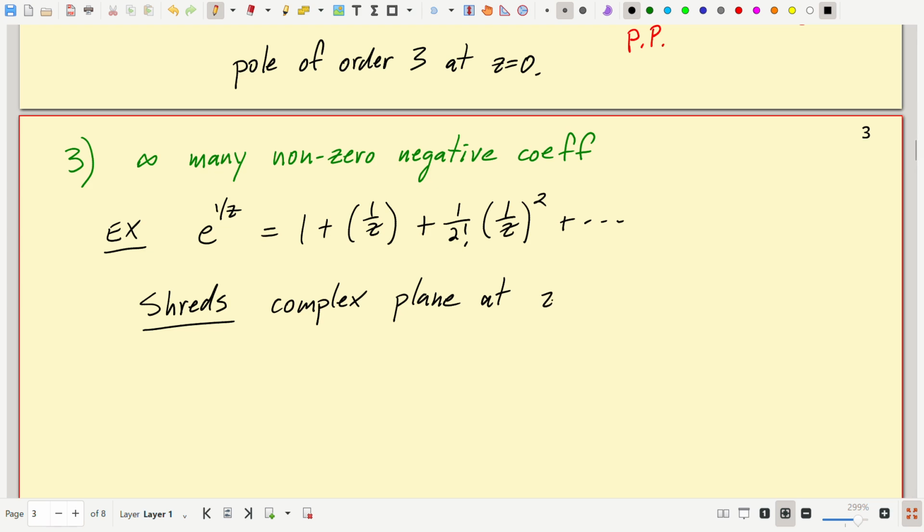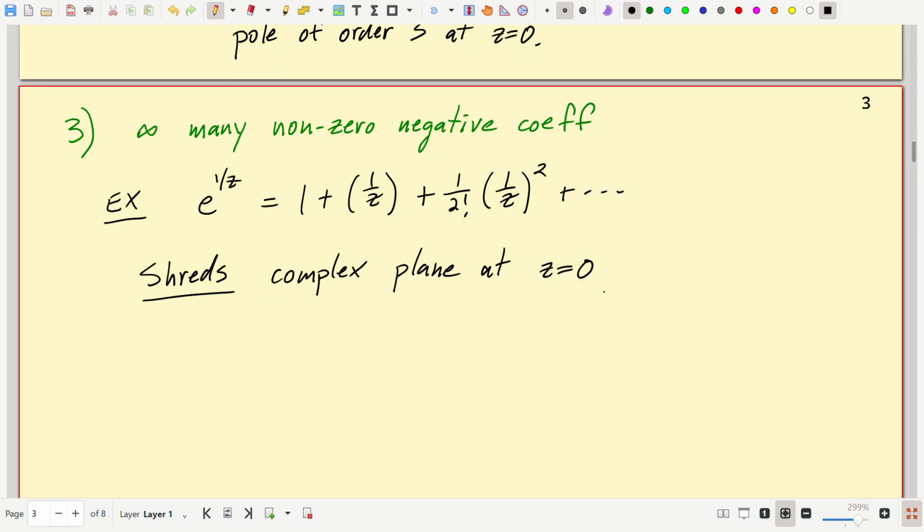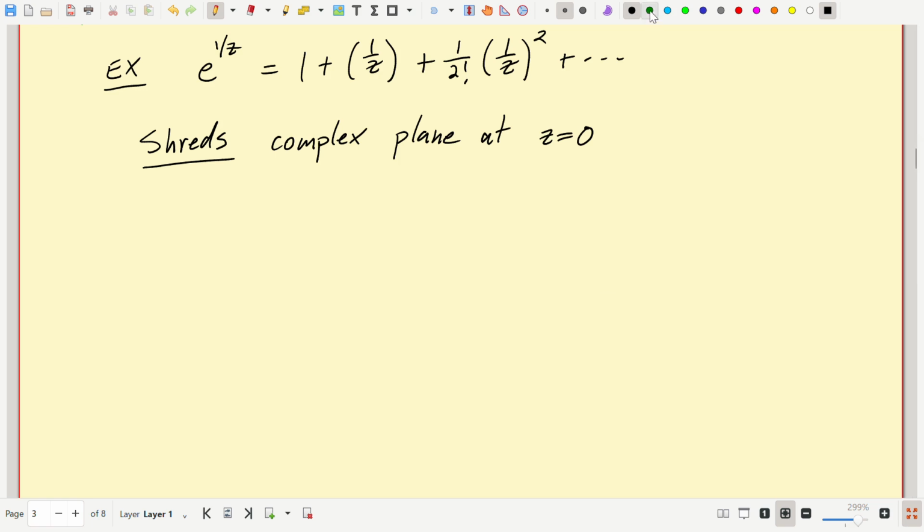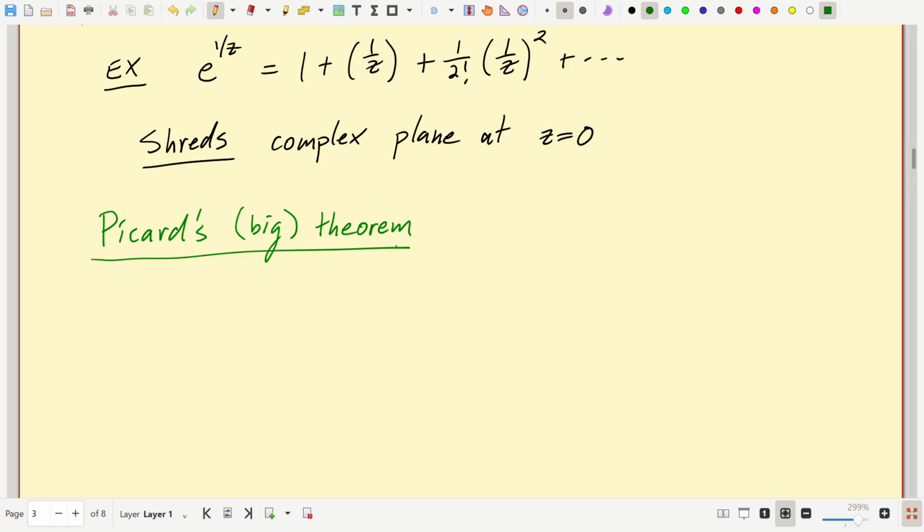And in fact, that turns out to be a general feature of an essential singularity. So I'm not going to demonstrate this fact in this class, but there's a thing called Picard's big theorem. There's a Picard's little theorem too, which is related. Picard's little theorem is about entire functions, but it's quite related to Picard's big theorem.